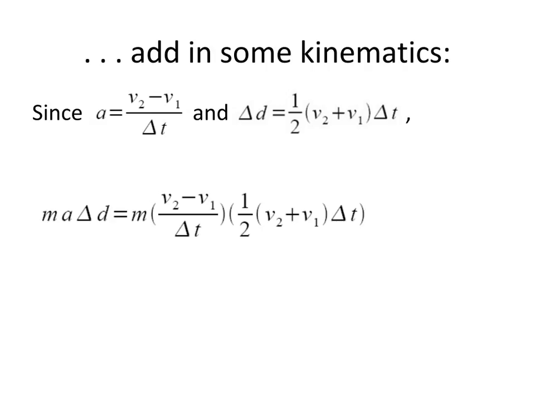Our mass, of course, remains where it is, but we have our acceleration here and our displacement here. So that gives us 1/2 m times v2 squared minus v1 squared when we do some algebra there.